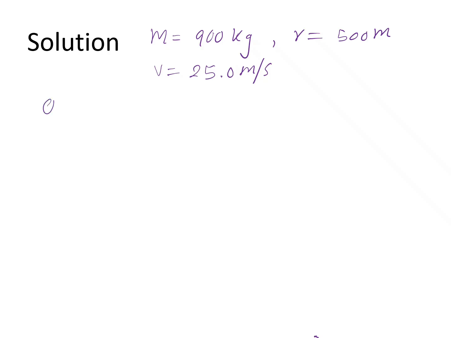For part A, we can use the equation F c equals m a c, which is m times v squared over r.